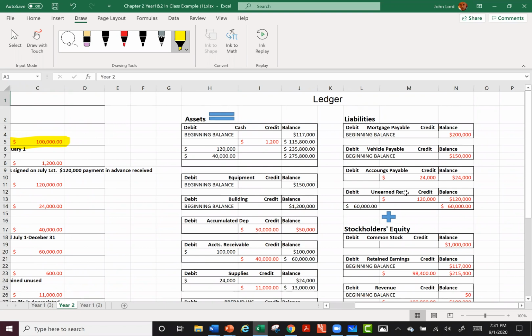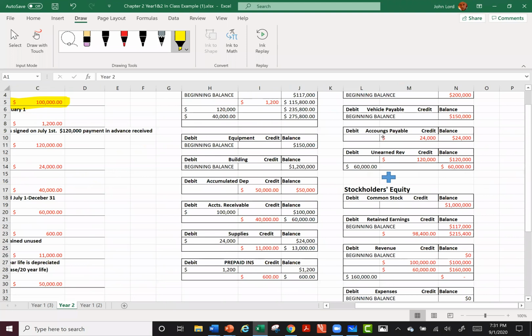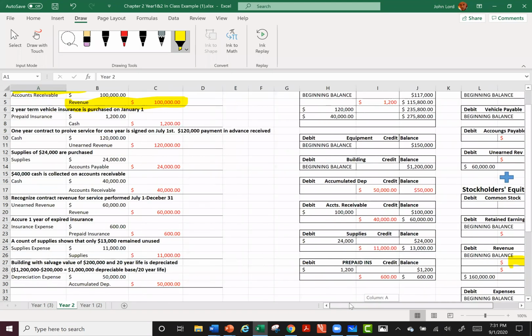So we credit revenue down here for the 100,000, and the balance now goes up from 0 to 100,000 as we start to track our revenue for year 2. Now we're not going to get paid cash up front. We are going to receive the money later. So we have an account receivable, meaning that money's going to come in later.